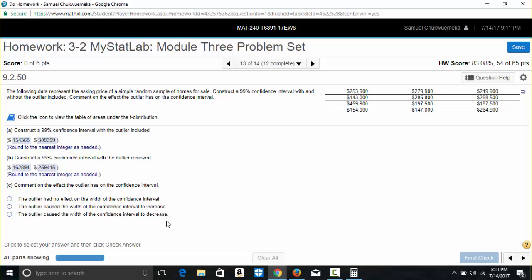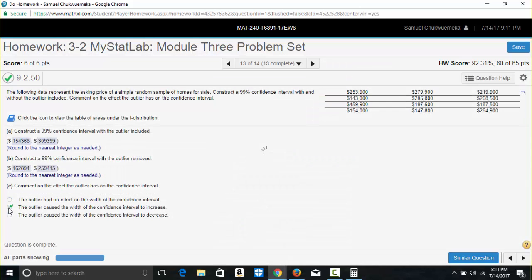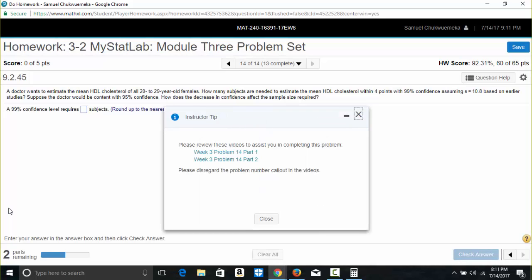The margin of error with the outlier is bigger than without. Without the outlier, you have a smaller margin of error and hence a higher accuracy.